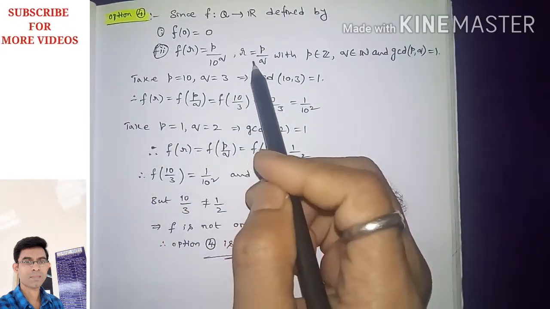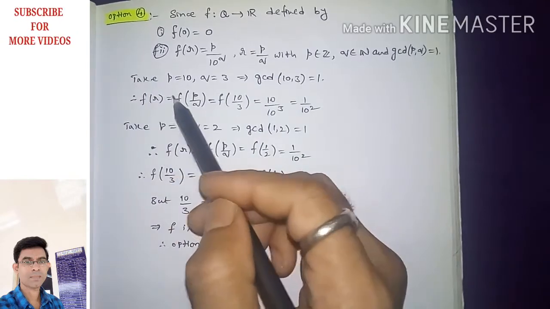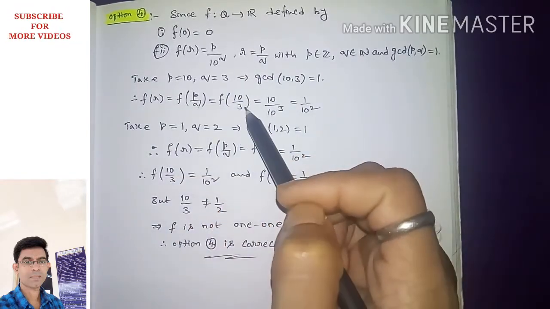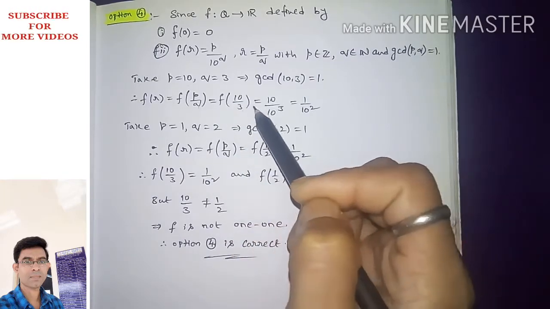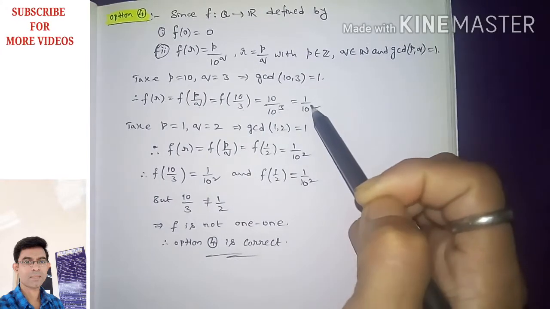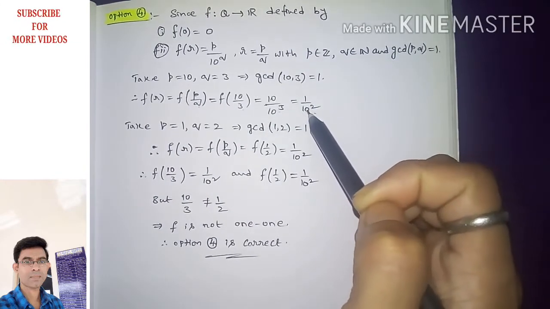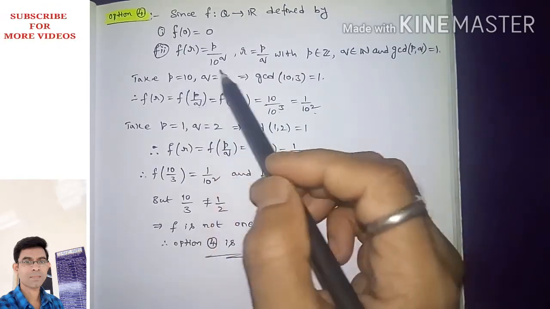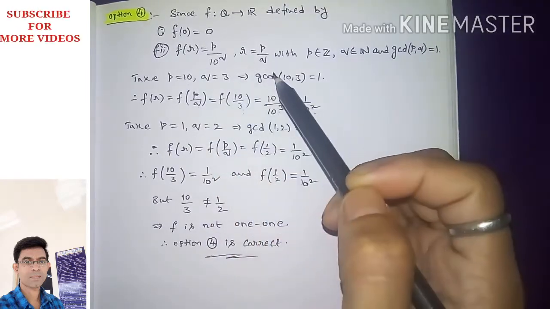Now substitute the values: f of r is equal to f of p by q. Here p is equal to 10 and q is equal to 3, so f of 10 by 3 is equal to, by definition, 10 by 10 cube, which is equal to 1 by 10 square. So this is the value of f of 10 by 3, when p is equal to 10 and q is equal to 3.